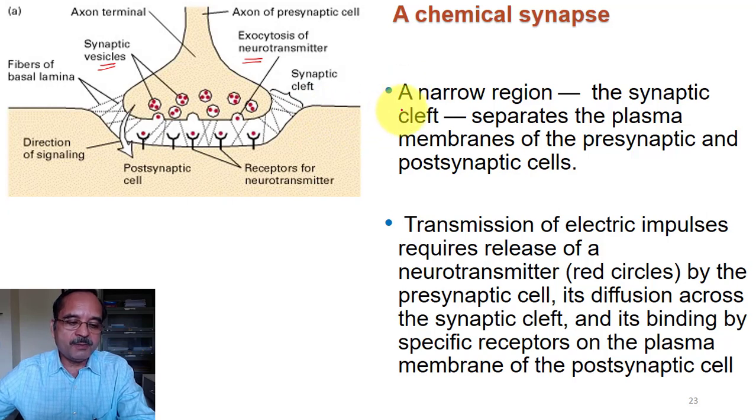When an action potential in the presynaptic cell reaches an axon terminal, it induces a localized rise in the level of calcium. This causes some of the vesicles to fuse with the plasma membrane, releasing their contents into the synaptic cleft.